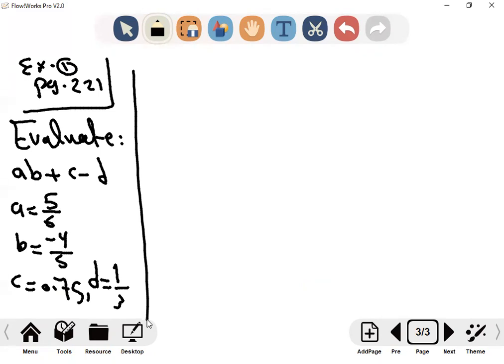So here, first step, we need to replace all of the variables by their values. The values are given for A, B, C, and D. So I'll start with equals. What's the meaning of AB? A multiply B. A is 5/6 multiply B, which is -4/5.